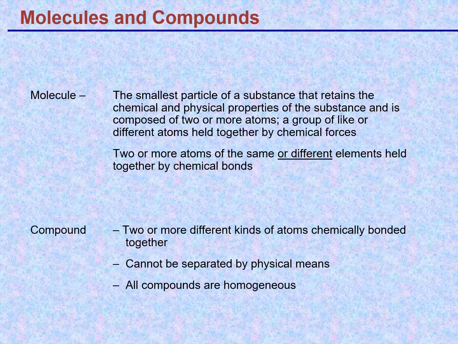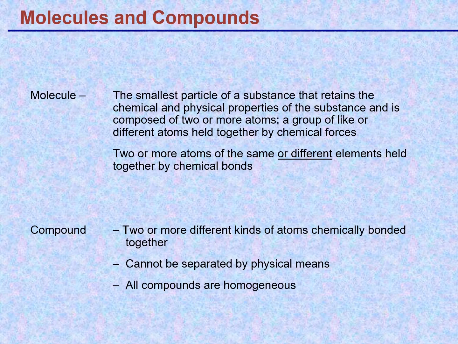So 2 or more atoms of the same or different elements held together by stable, strong chemical bonding is a molecule. And when I say chemical bonding, I would include covalent bonding and ionic bonding.